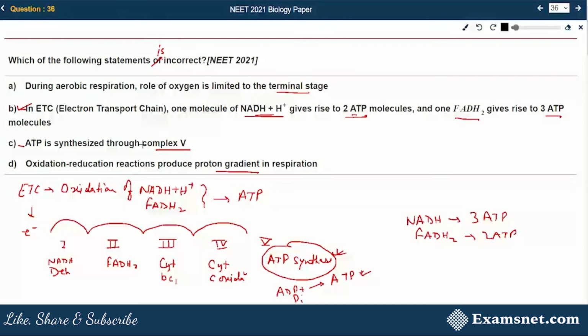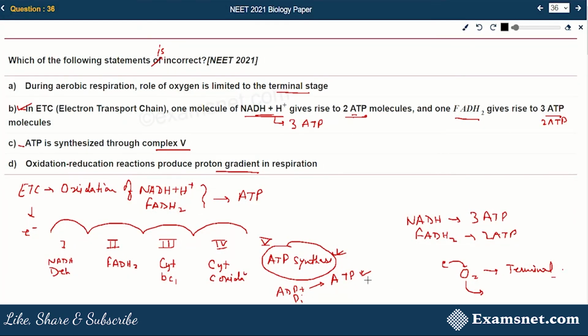It's false because it gives rise to 3 ATP molecules, whereas one FADH2 gives rise to 2 ATP molecules, not 3. Now, at last what happens? Oxygen acts as the final electron acceptor and then removes these electrons from the system. So the role of oxygen is limited to the last stage or the terminal stage.